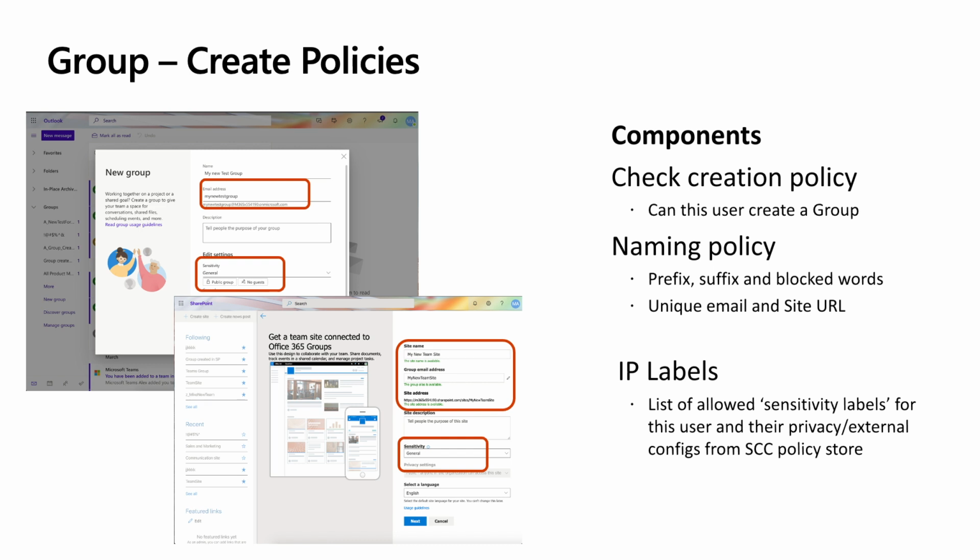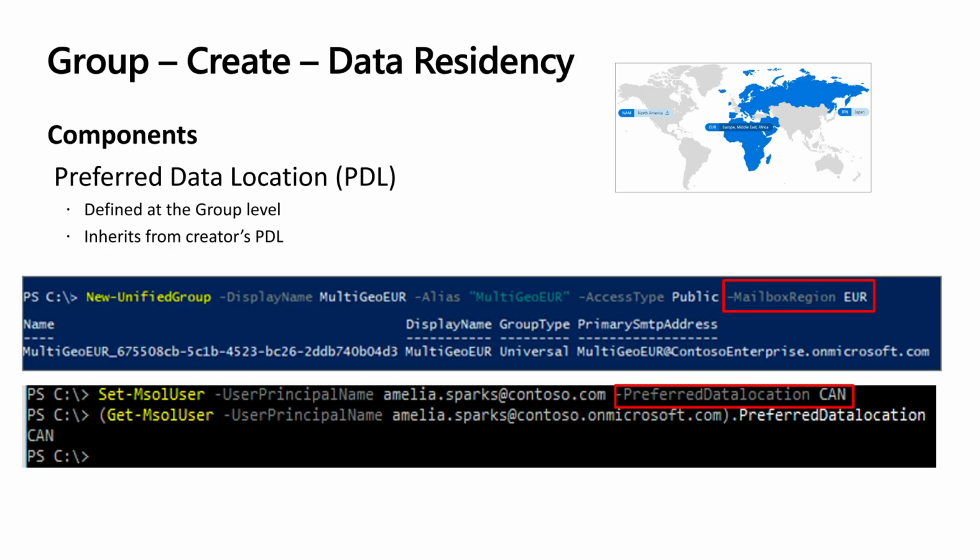And next, let's look at data residency. As you're aware, Office is available in multiple geos now, especially Exchange and SharePoint Online. In order to capture which geo the group needs to be created in or be homed in, we have a property called preferred data location, or PDL.